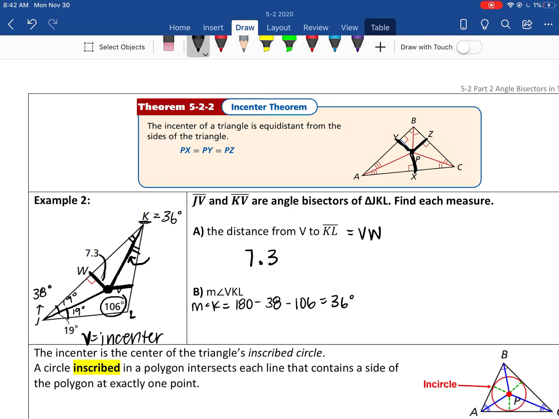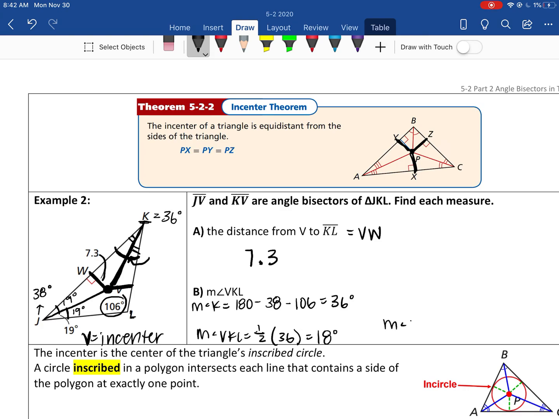But again, it's not asking for K, it's asking for VKL, which is this little one in here. All I need to do to find the measure of angle VKL is cut it in half. I know this entire angle is 36, and this is an angle bisector, which will give me half in here. So 1/2 of 36 is 18 degrees.